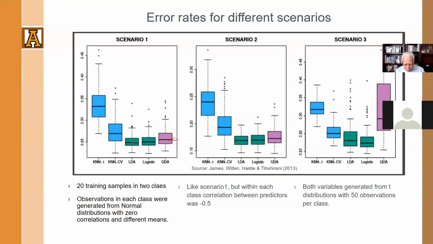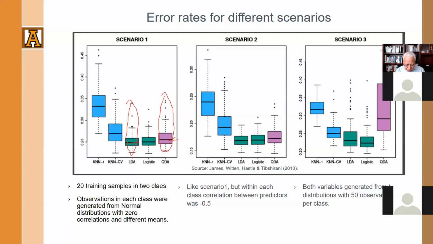However, we have a much larger spread here. Look at the spread here and here. And if you look at the hinges of these box plots, the upper end and the lower end are closer in the linear discriminant case than in the quadratic. The logistic regression does a reasonably good job here with this data.